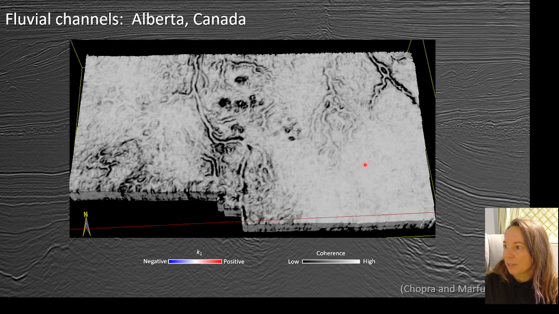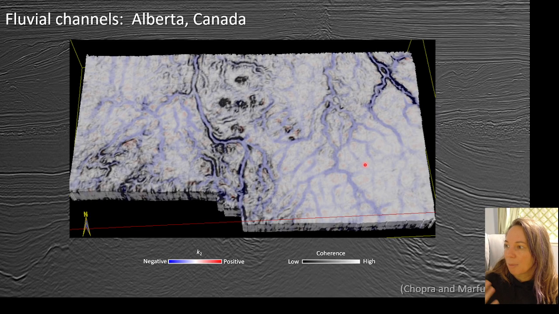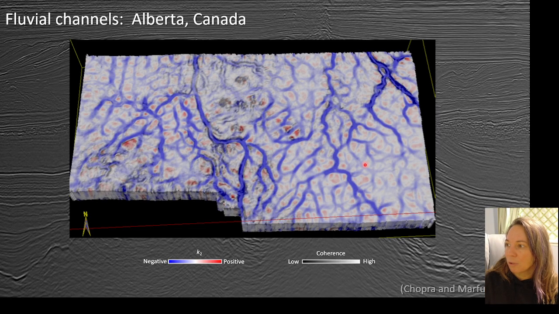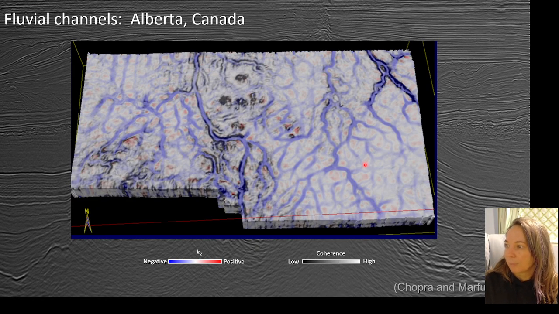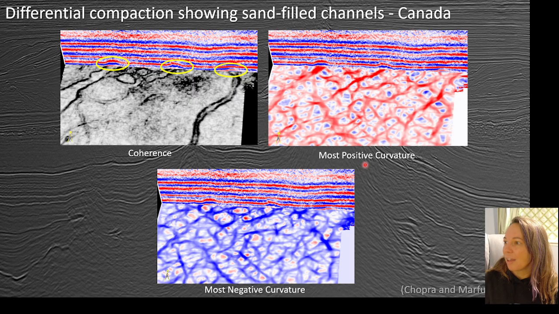Here's another case where we're doing the same thing, just in a different part of the seismic data. So we can animate from the coherence to the curvature, again seeing those areas where we have more compaction in the channel, so that shale-filled channel. All right, and then another case in the same area showing differential compaction, but now we're looking for sand-filled channels.